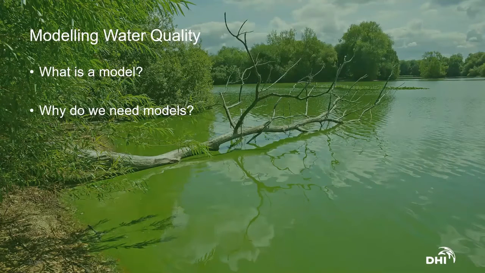So you can interpolate between measurements, or you can interpolate in time, and you can extrapolate doing scenarios to other situations, other nutrient reduction scenarios or whatsoever. But you should always remember not to use the model to an extent where it's not valid anymore. It's also a very, very strong tool when you want to do budgets, mass budgets.